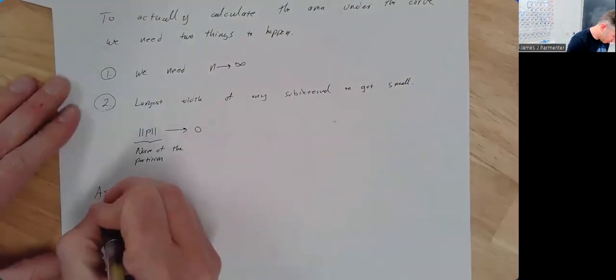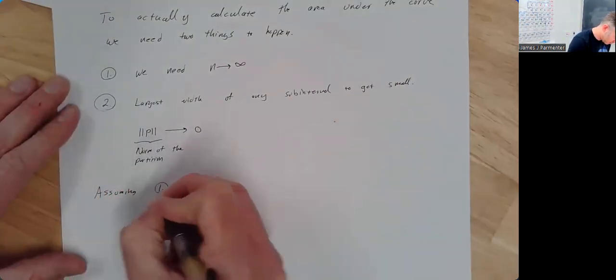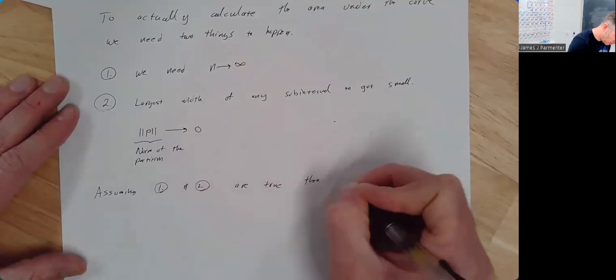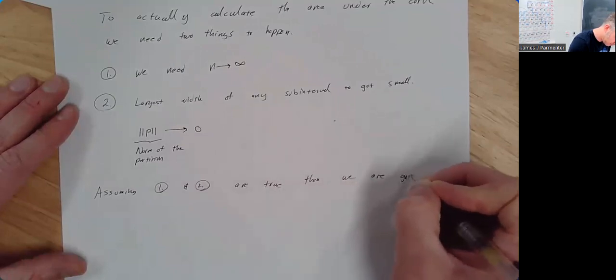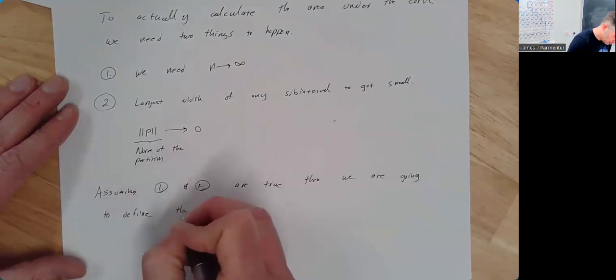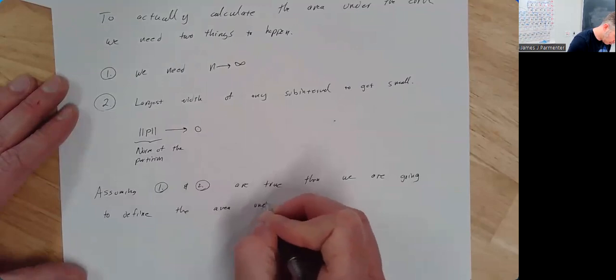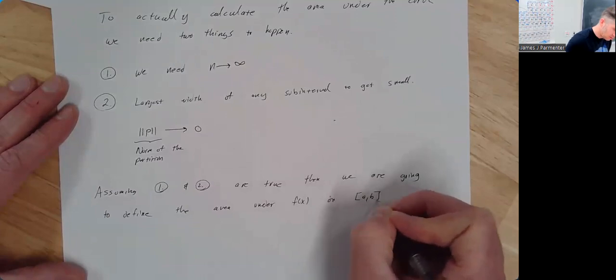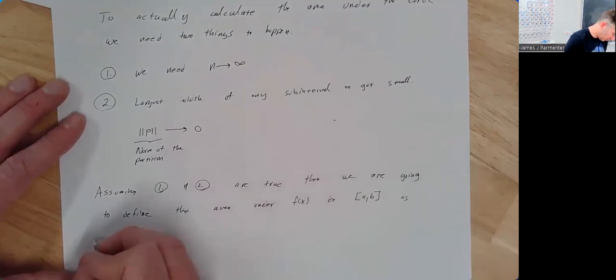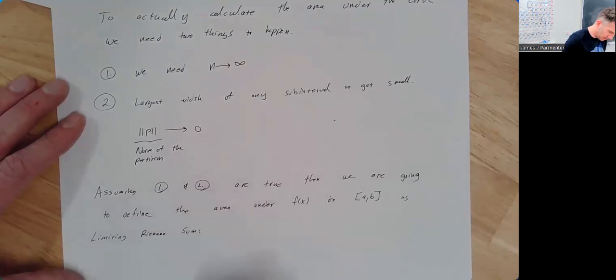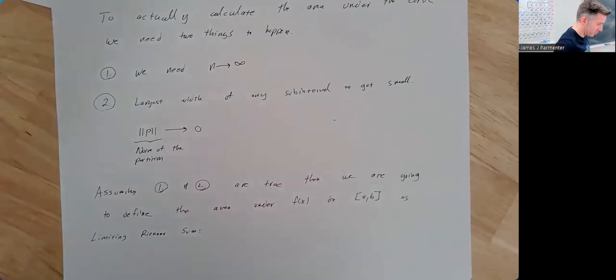Assuming these two things are true, we are going to define the area under f of x on the interval from a to b as what we typically call the limiting Riemann sum. And we're going to write it in the following way, using the integral notation because that's typical.